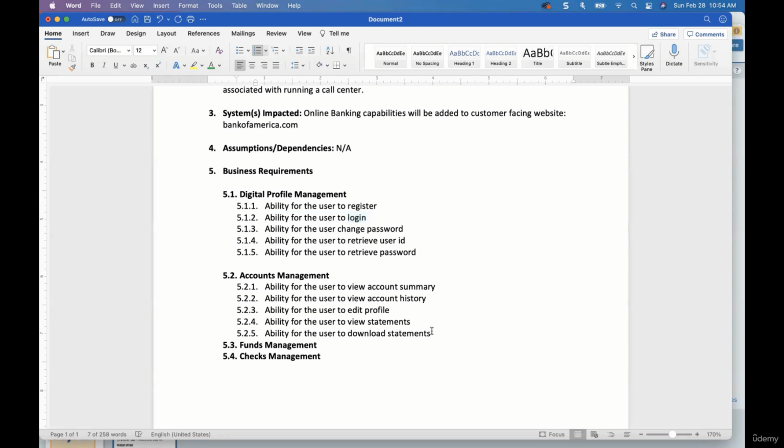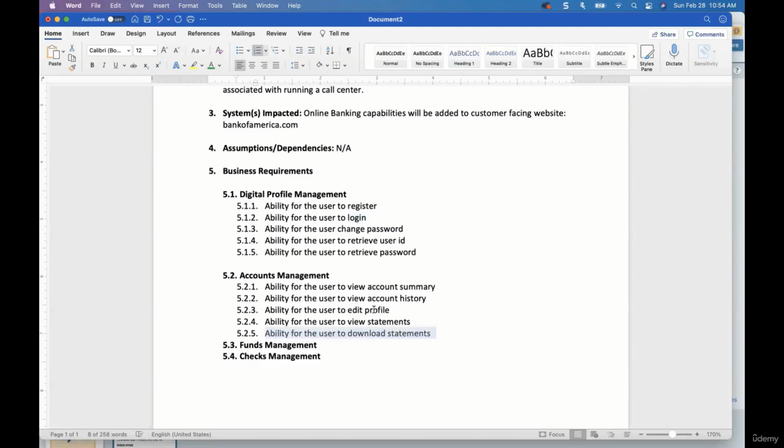So when you go and meet the business to talk about ability to download statements, that's when you're going to ask them, all right, what is the format in which you want them to be downloaded? How should they be doing it? Do you want an icon over here which says download? Do you want the link? All those things. And that's when you gather your actual requirements.